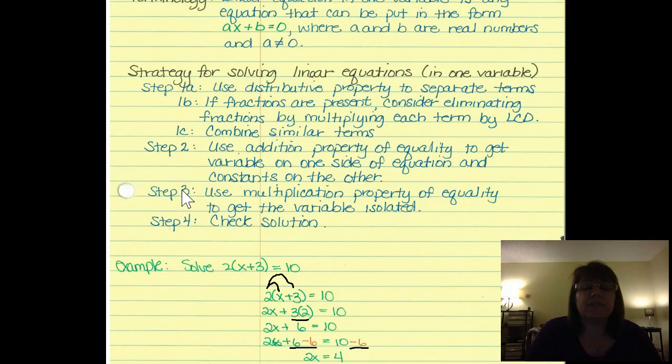And then if there are fractions or even decimals, maybe you want to get rid of those, fractions by multiplying by the LCD, decimals by multiplying by the power of 10 that you need. You're going to use the addition property of equality to get the variables on one side of the equation and the constants on the other. You're going to use the multiplication property of equality to get the variable isolated, which means you're solving for the variable. And then fourth, you're going to check your solution.